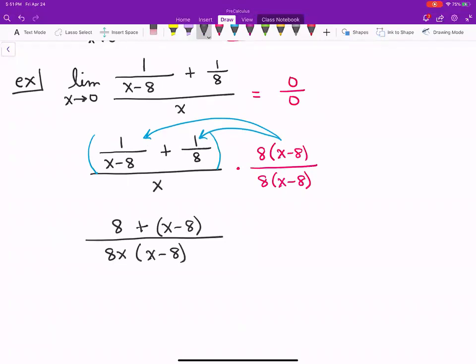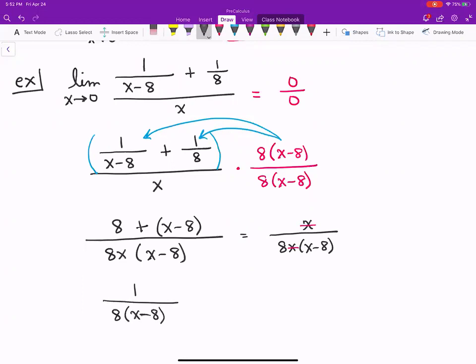All right, so then this will become x over 8x times x minus 8. The x's then can reduce, leaving me with 1 over 8 times x minus 8.